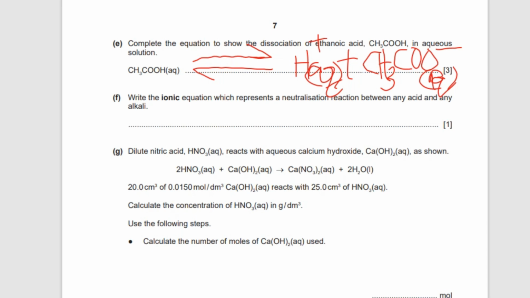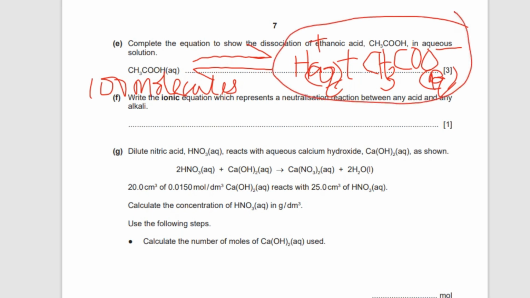Now, by partial dissociation, we mean that if, let's assume, this is hypothetical, if you have 100 molecules of these guys in the solution, you are going to have maybe less than 20, maybe 15, 13 of the molecules will dissociate to give you something like this.